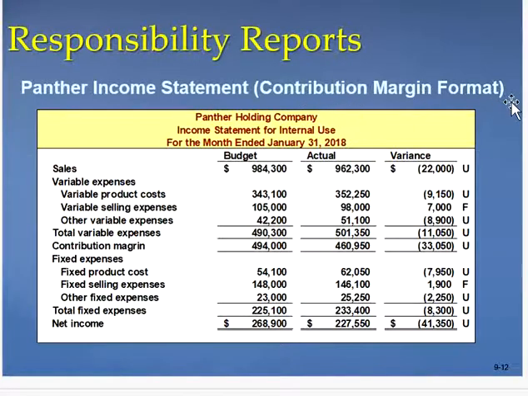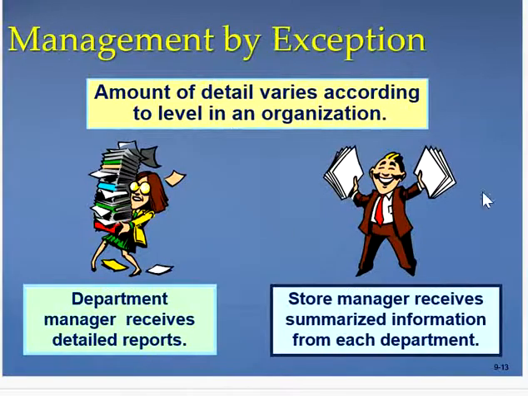This is a contribution margin format income statement, and with this management can focus on the concept we call management by exception. They can look at some variables, let's say any variable which is more than 5,000 or 2,000 unfavorable, then they can further investigate, rather than looking at each and every variable. This is the concept we call management by exception, right?